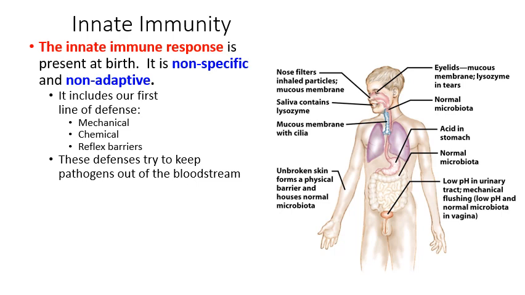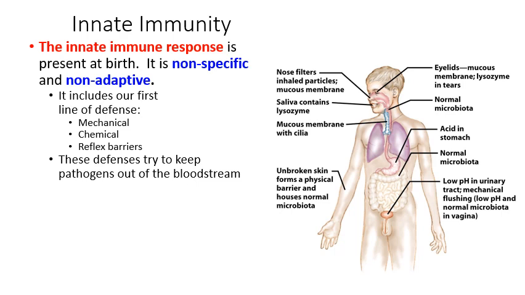Your skin is one of your greatest defense mechanisms against microbes. Unbroken skin forms this multi-layered surface that it's very difficult for pathogens to enter into the body through. You have mucous membranes that are lining the inside of your respiratory tract and your digestive tract. Those act as a physical barrier against microbes entering into the body.